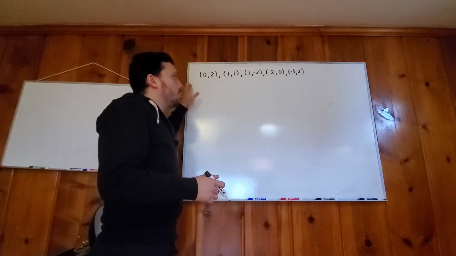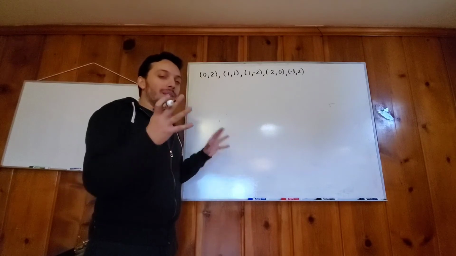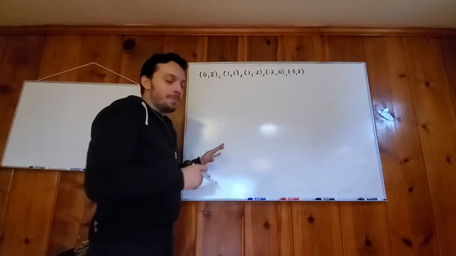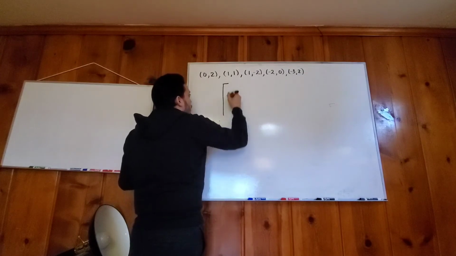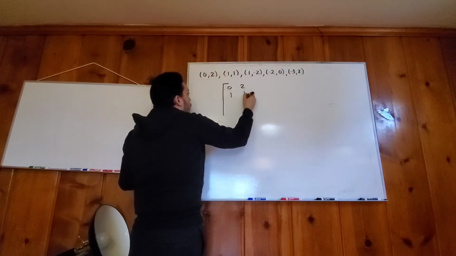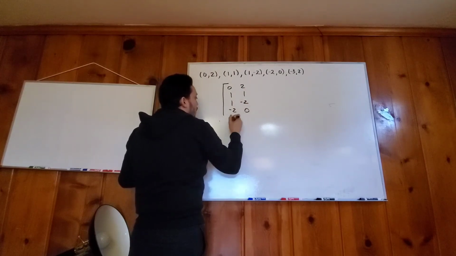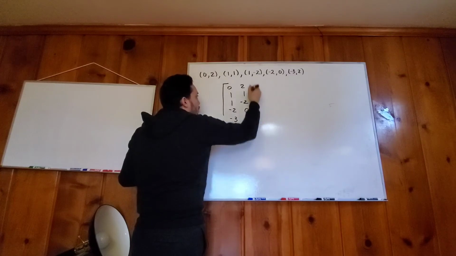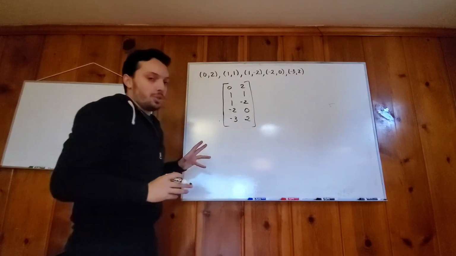Okay, so these are the coordinates, but they did a terrible job because they didn't even show you what the matrix was that they used. All right, so the matrix that you're supposed to use is this. It's going to be 0, 2, 0, 2, 1, 1, 1, negative 2, negative 2, 0, and negative 3, 2. That's the matrix that you're supposed to use.